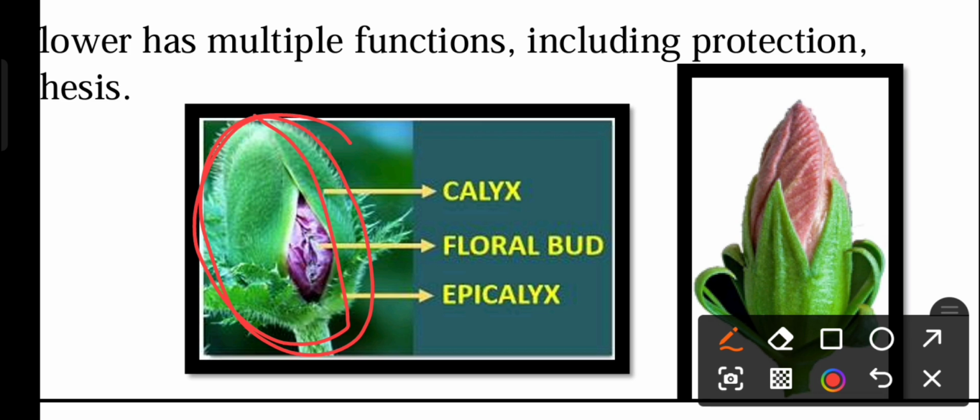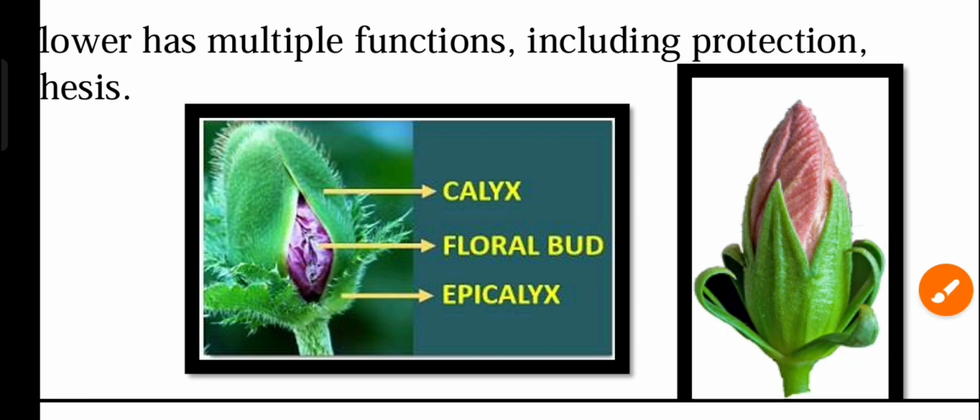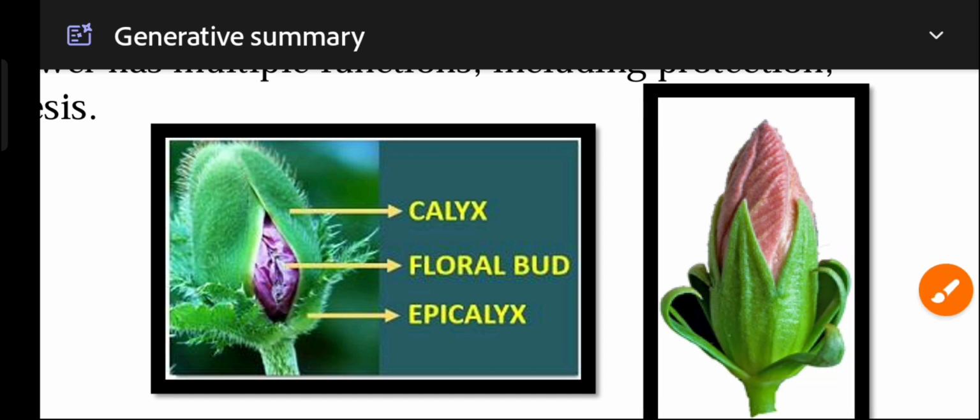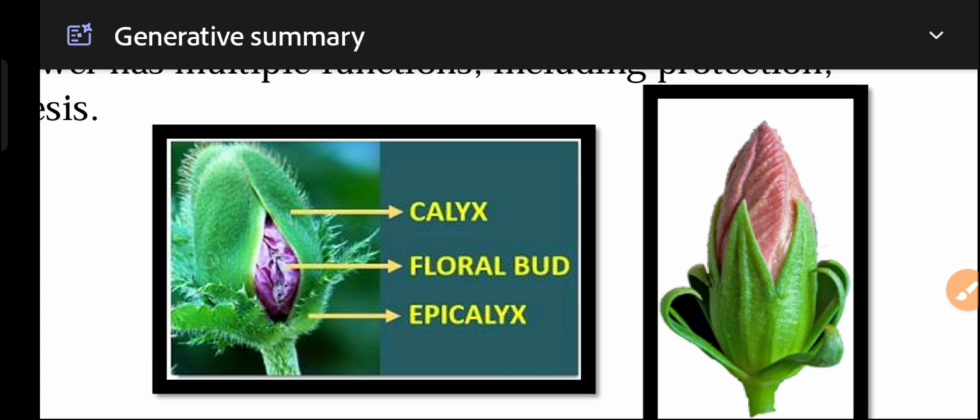The calyx is the outermost whorl of the flower, which comprises many green sepals. These are sepals. These sepals protect the flower bud. See, inside you can see the bud. It protects the bud. This is about calyx.